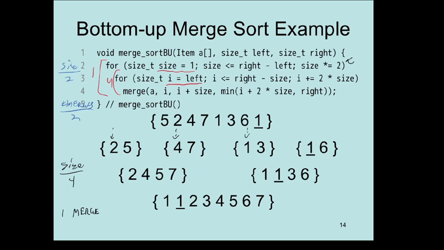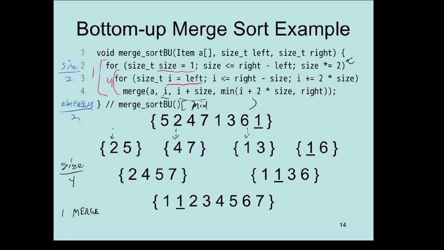So then the last part here in the merge step: I is the beginning, I plus size is the middle, so that's inclusive-exclusive, and then the last one is the right-hand end. So I is the left, this is the mid, this is the right.